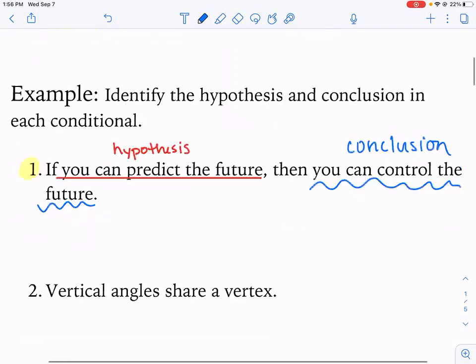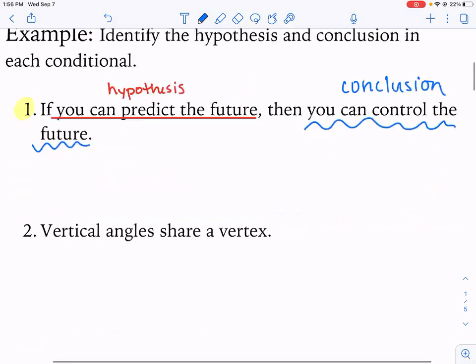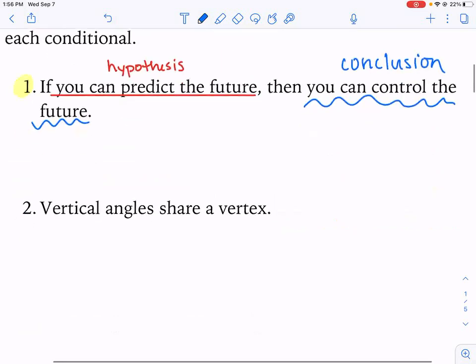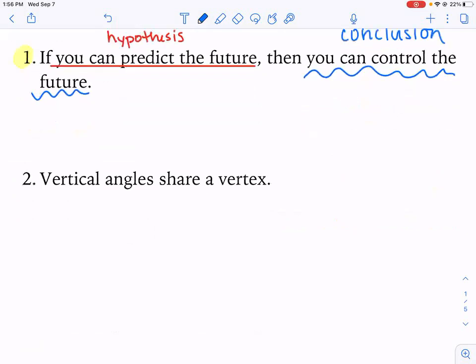Okay, now what I want you to do is write down statement number 2. And while you're writing down statement number 2, is it written in that if-then form? No. However, could we rewrite it so that it was in the if-then form? Yes.